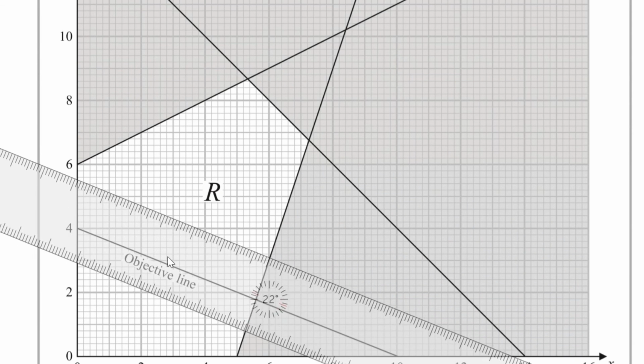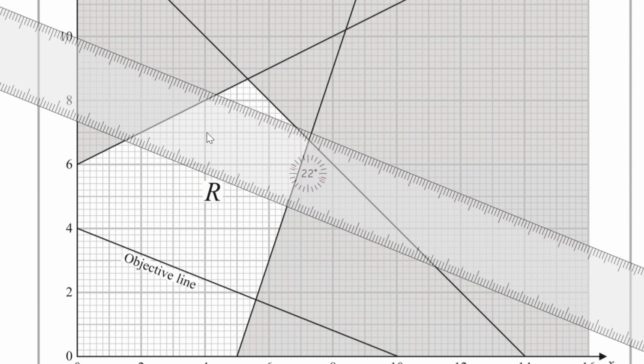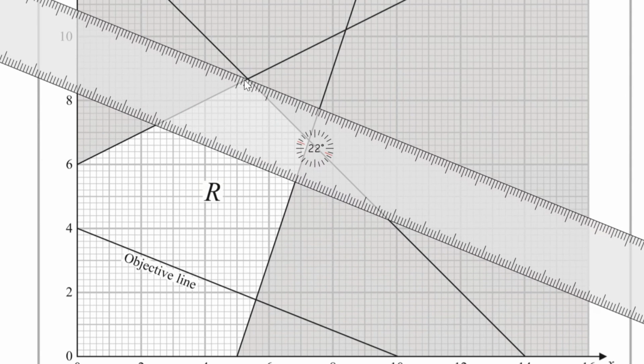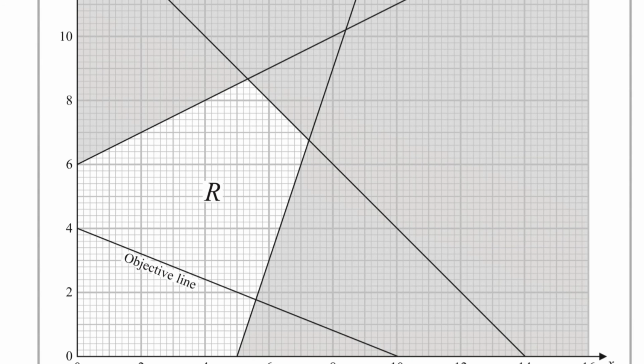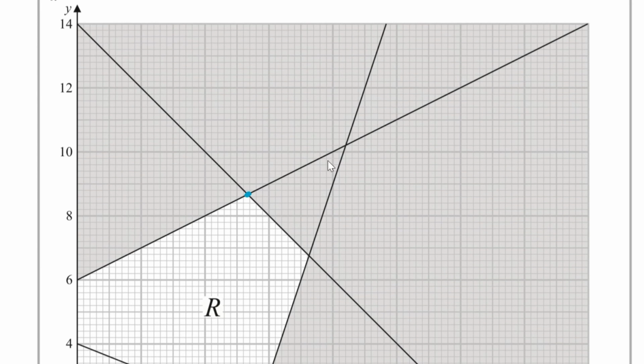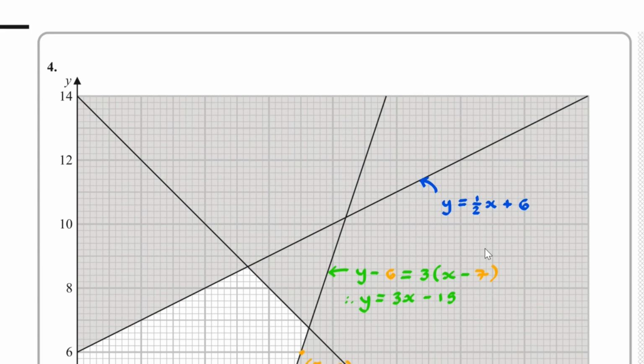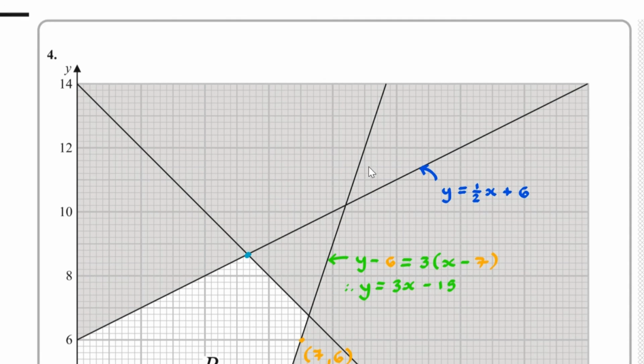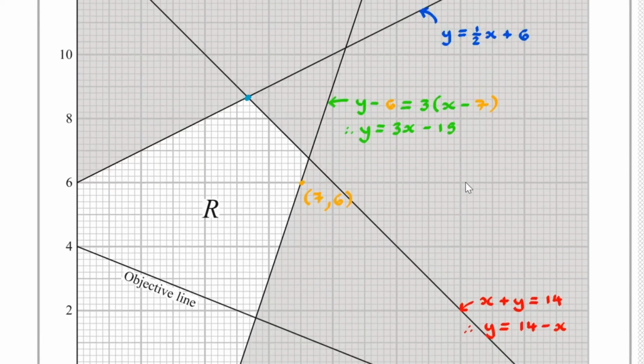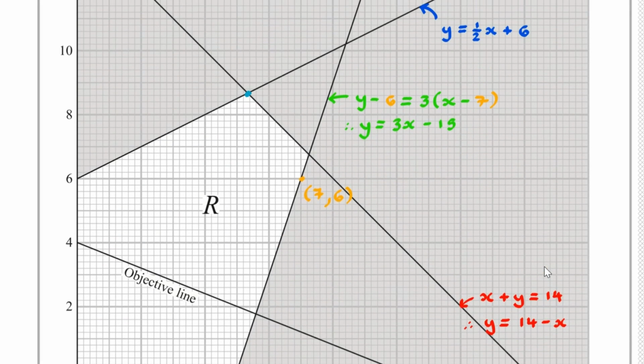So if I've moved my ruler up like so, you can see my optimal vertex is over here. So this point here is my optimal vertex. And to find that optimal vertex, what I need to do is solve this line simultaneously with this line.